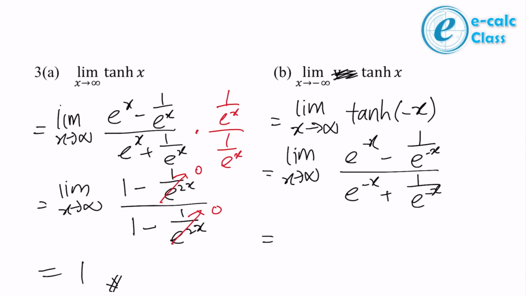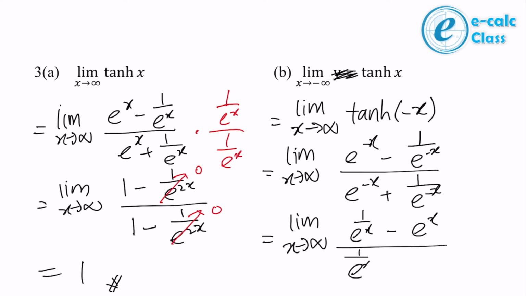Then you can write one more step: 1 over e to the x minus e to the x, over 1 over e to the x plus e to the x. And because I want to make it easier to compute, I'm just going to do it like this. I put the e to the x at the bottom, it doesn't matter.